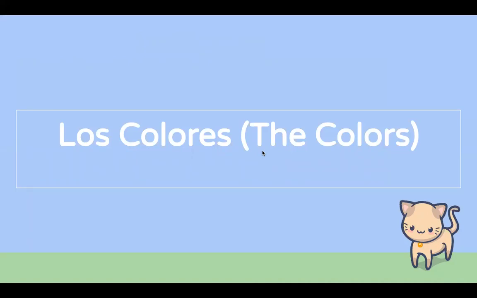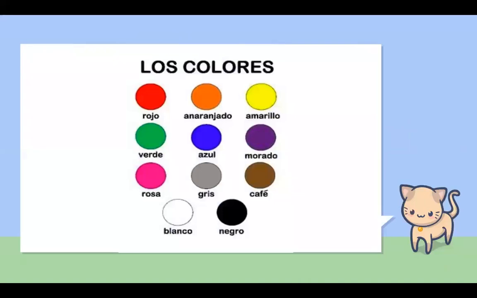Let's check out los colores en español. So here we have a picture of los colores. And of course, you're familiar with these colors. We have our red, orange, yellow, green, blue, purple, pink, gray, brown, white, and black.